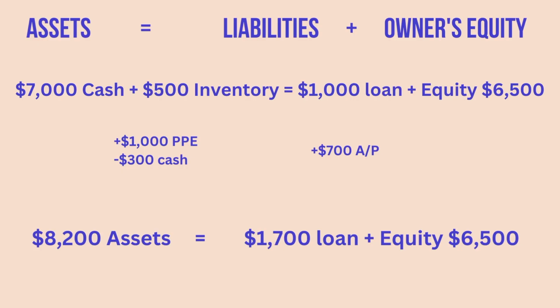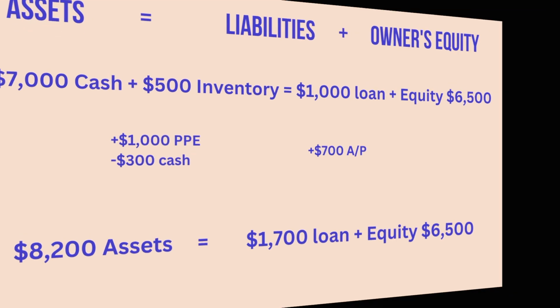An unbalanced transaction like this indicates an error in the accounting records, as the accounting equation must always be in balance to ensure accuracy in financial reporting. To correct this imbalance, you must record the remaining $700 owed to the seller of the equipment. Your accounts payable increases by $700 to reflect the amount you now owe. Now your accounting equation is balanced.